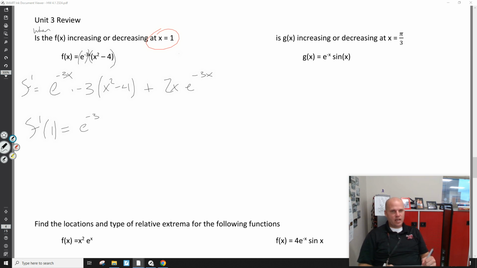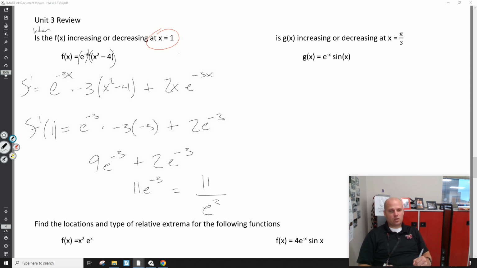I get e to the negative third times negative 3 times negative 3 plus 2 times e to the negative third. Okay. I get positive 9 e to the negative third plus positive 2 e to the negative third. That is 11 e to the negative thirds, which is the same as 11 over e cubed.